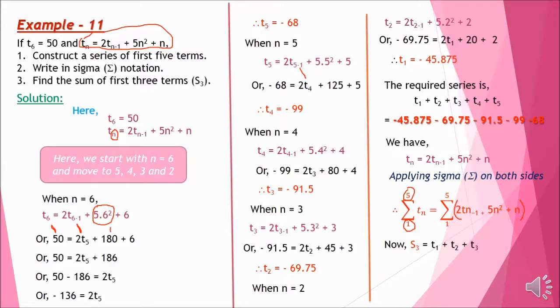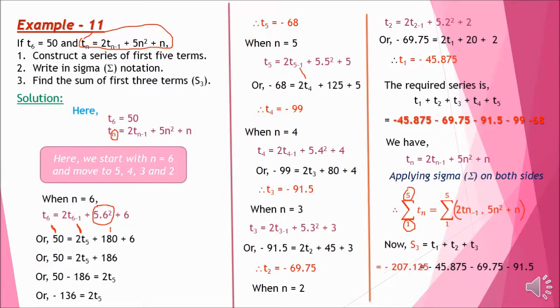The question is, try this. If the general term of the sequence is given in this way, construct an infinite series. Construct an infinite series means you have to write dot dot dot after 5 terms. First you will get 5 terms.